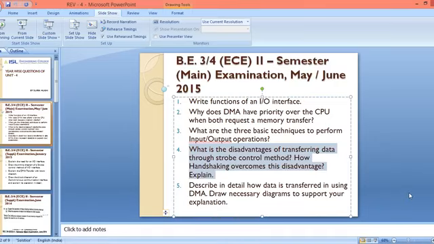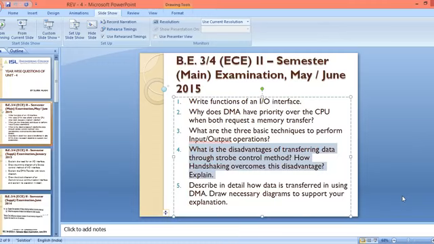The disadvantage of the strobe signal is that the source will never know whether the destination has received the data or not. That is the disadvantage of strobe control.